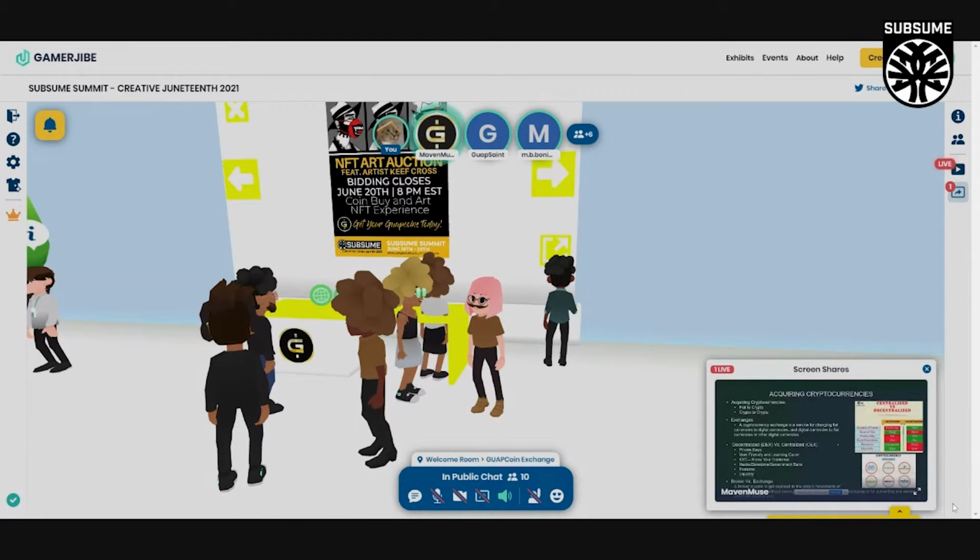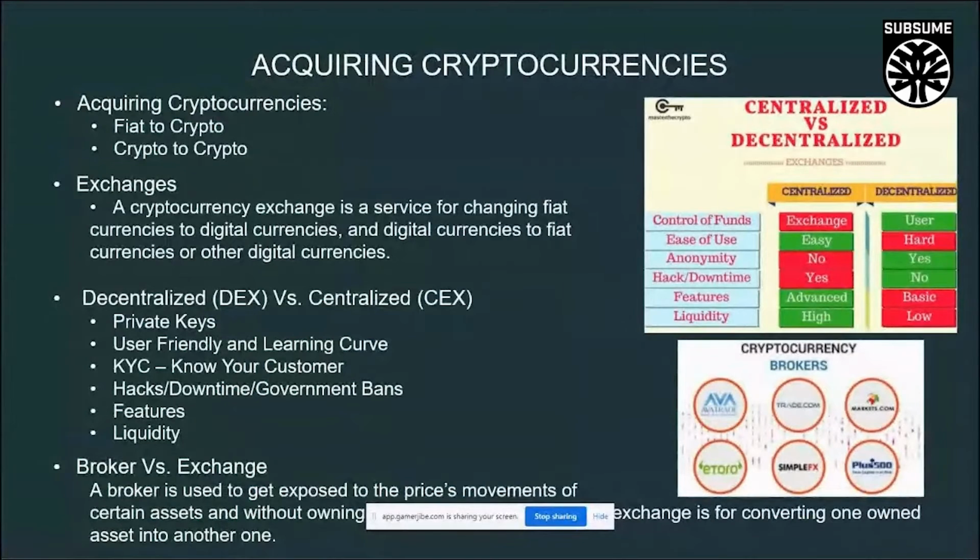So you've heard me speak about Probit Exchange and acquiring Guap through Bitcoin. That's crypto to crypto. And then there's the way that most people like to get crypto, which is fiat to crypto. If one more person says, "Why can't I just use my money to get the crypto?"